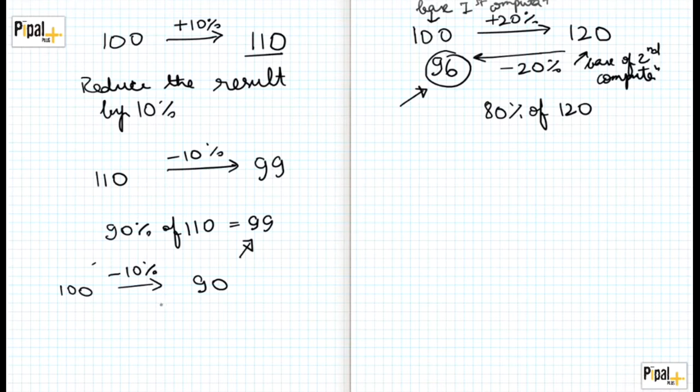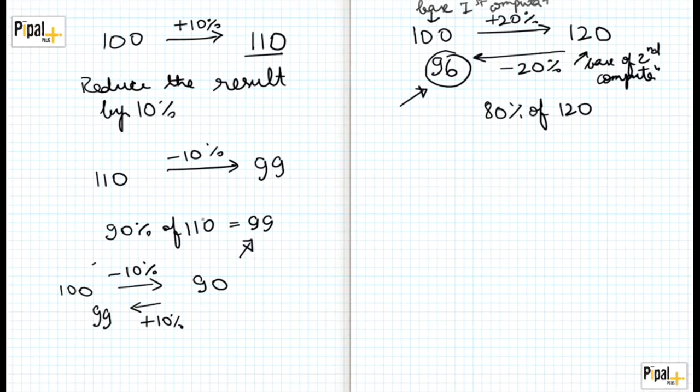Now when I increase 90 by 10%, this is a smaller base and 10% of 90 is 9, so I get 99. So it's important to note that increasing something first and then reducing by the same percentage will give you the same answer as when you reduce something first and then increase.